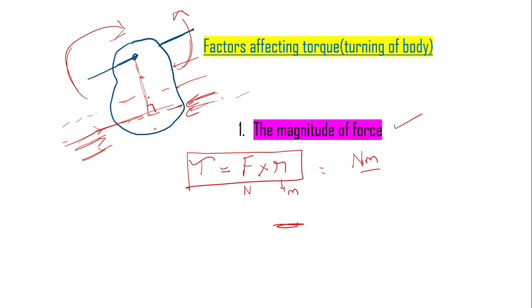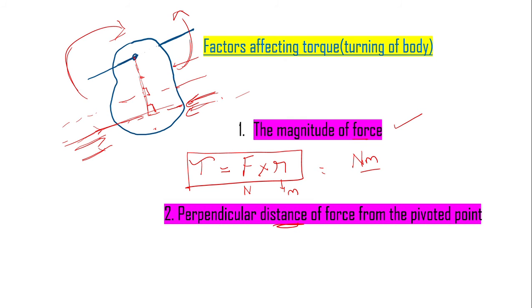Now your line of action of force and the distance where the object has been pivoted. The perpendicular distance from there is the second factor on which the torque is dependent. So perpendicular distance of the force from the pivoted point. Where the point has been pivoted and where you are applying the force.